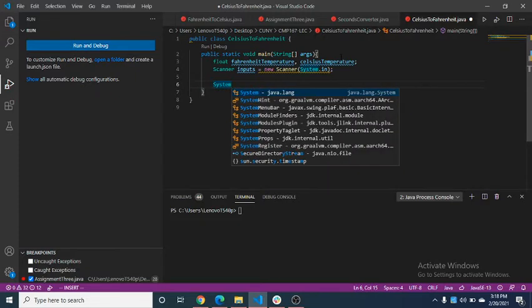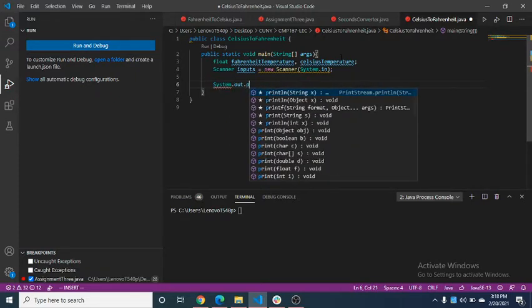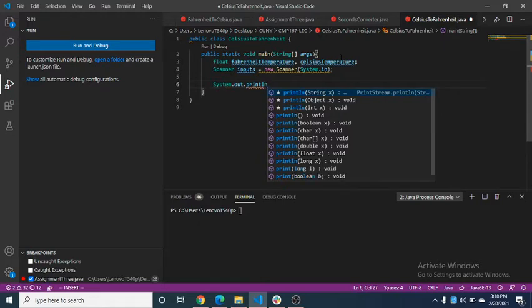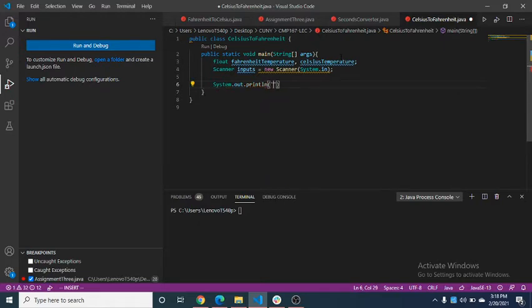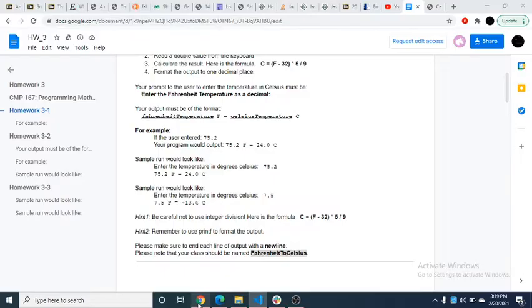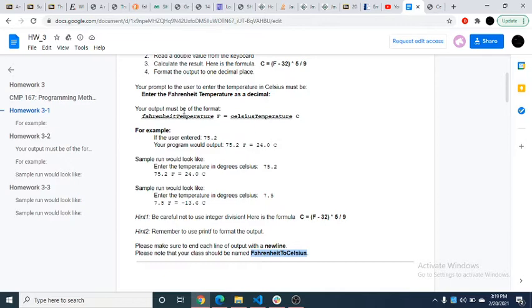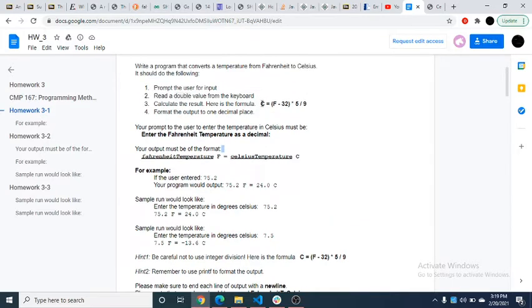So I'm going to do System.out.print line, right? And I'm going to go back and see what the outputs looked like. Okay. It says enter the Fahrenheit temperature as decimal.